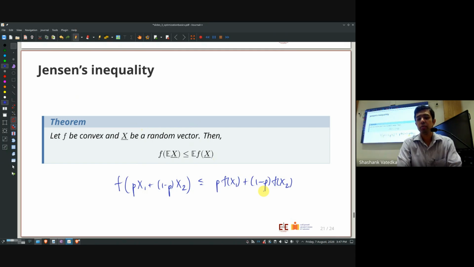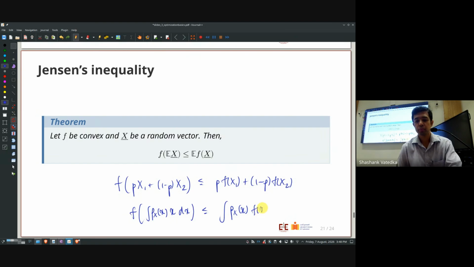Again, for random variables which have a finite support or even countable, this is very easy. But it becomes slightly more non-trivial when x is a continuous random variable, because then what you have is f of the integral of x times its density is less than or equal to the integral of p of x times f of x dx.